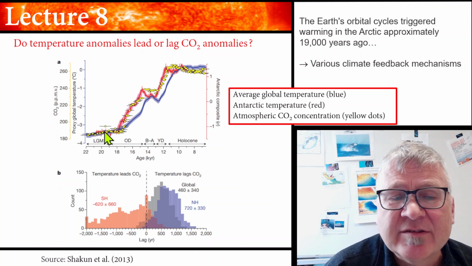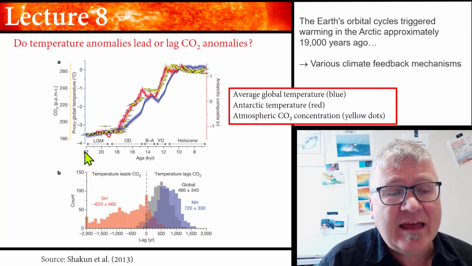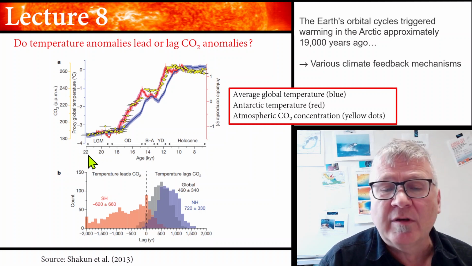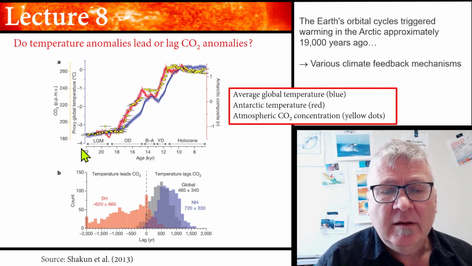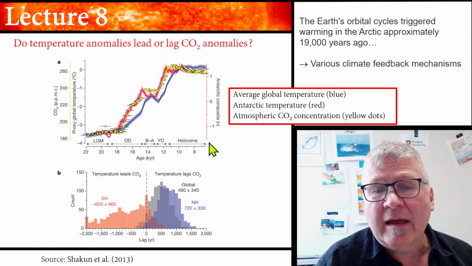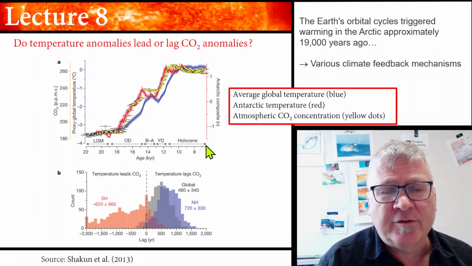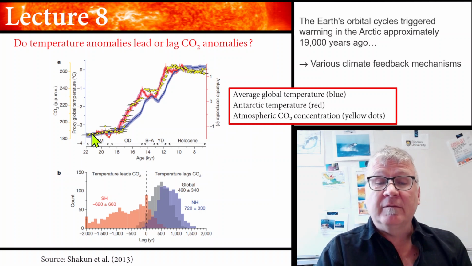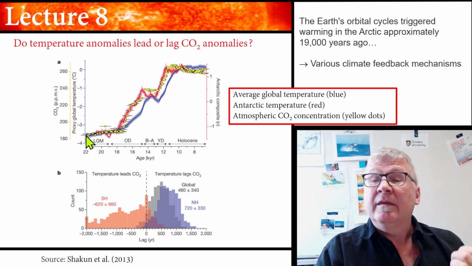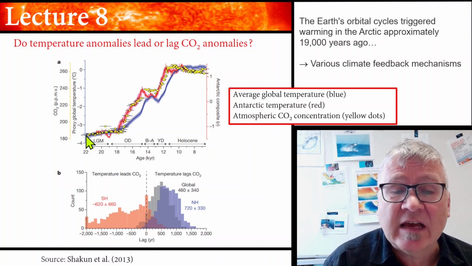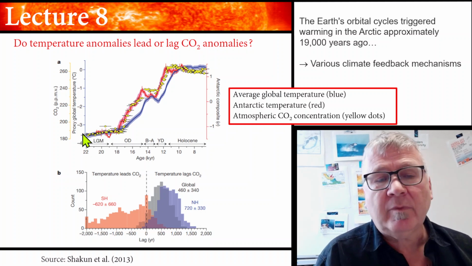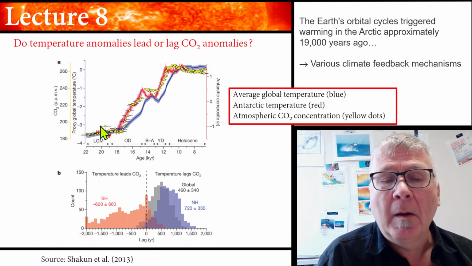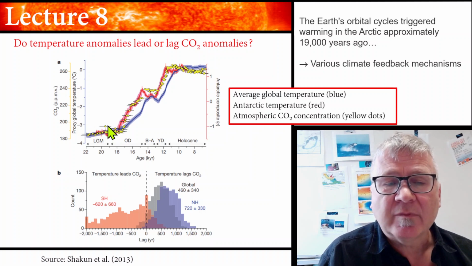This graph is a little bit busy. The x-axis is time, starting 22,000 years ago, ending up at the present, or a little bit before the present. There are three curves shown here. The CO2 concentrations are the yellow dots, and you can see that the yellow dots also have horizontal black lines.